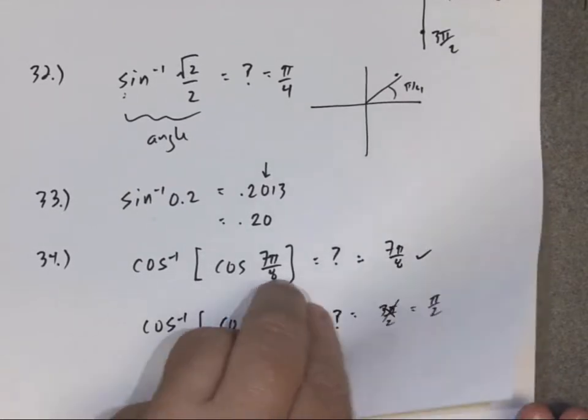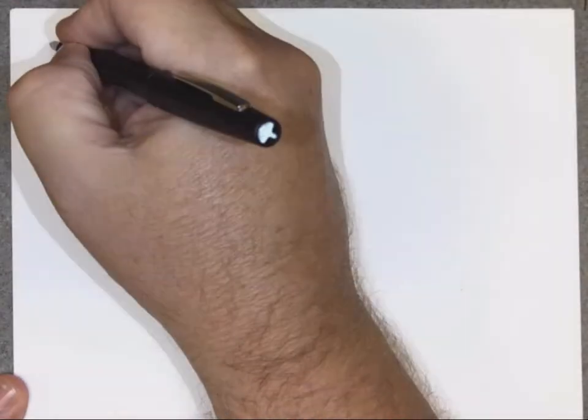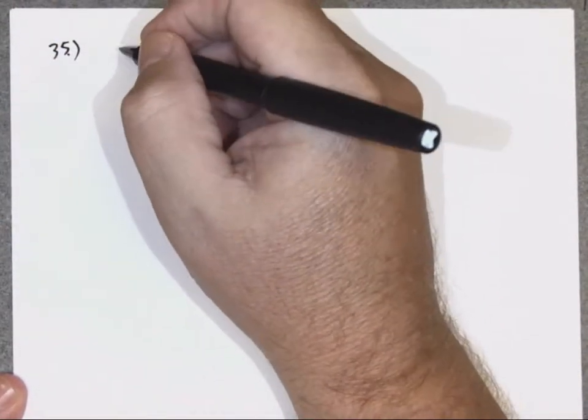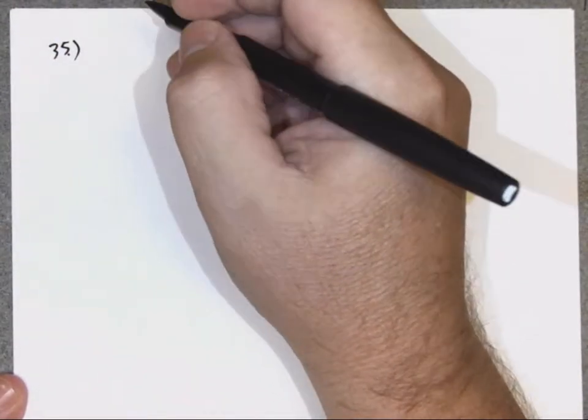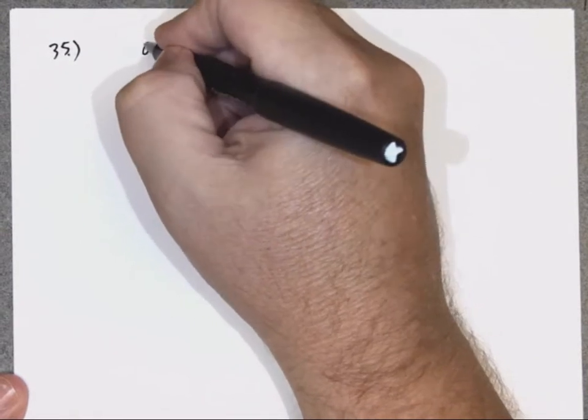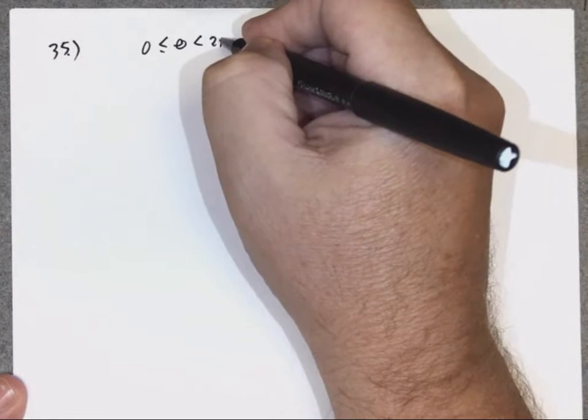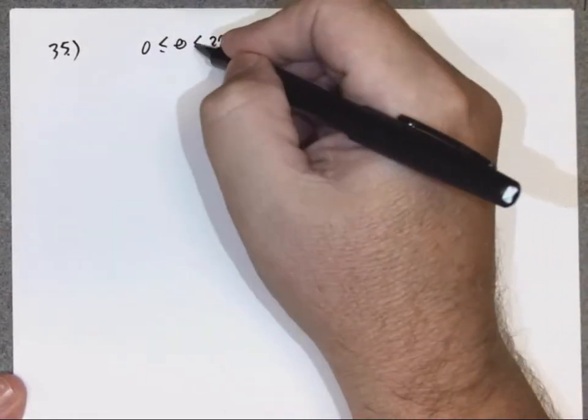All right, 35. Now we're going to solve some equations with a trig function. It says solve the equation on the interval 0 to 2 pi. So the good thing is we don't have to worry about all the potential angles that are answers.